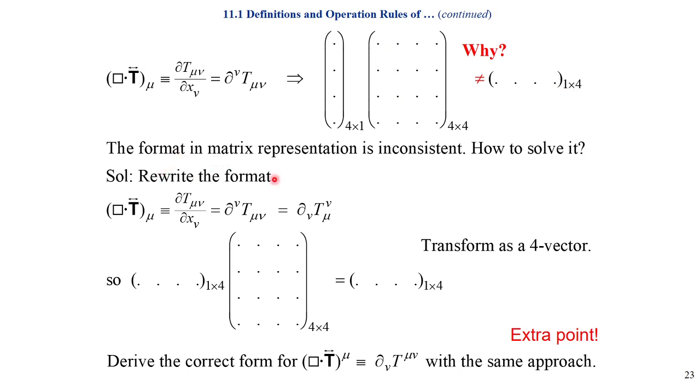The format in the matrix representation is inconsistent. How to solve it? We can rewrite the format, this one, into this form, with the partial once again, and we can change it into this form. So 1 by 4 times operating on 4 by 4 gives us 1 by 4. Okay, so you can derive the correct form for this one.